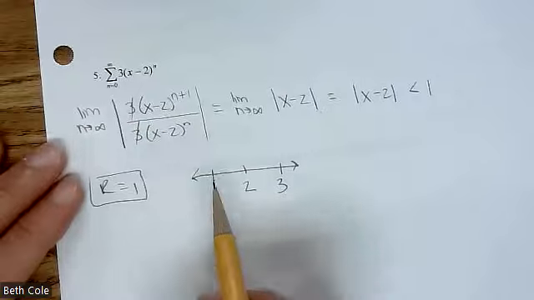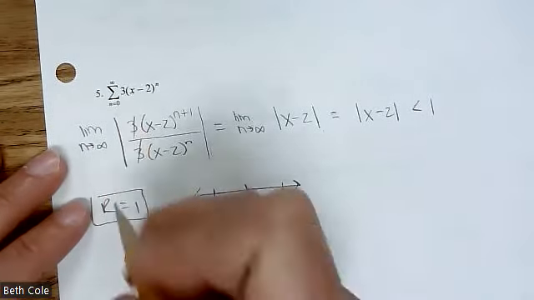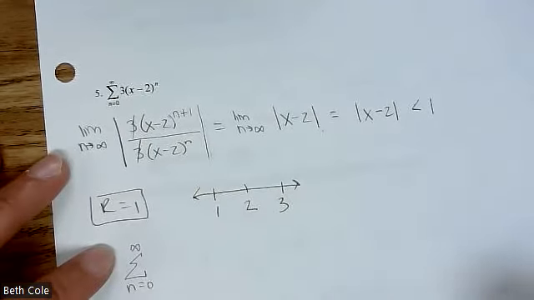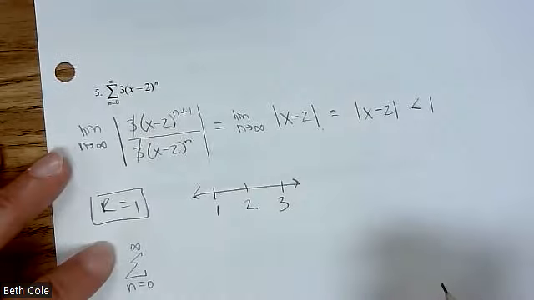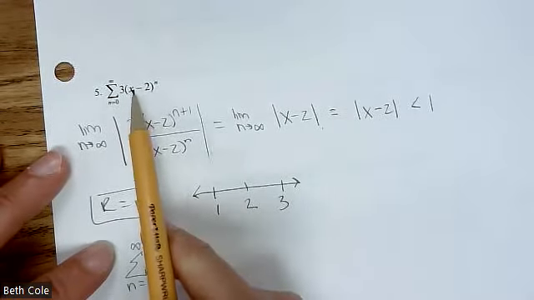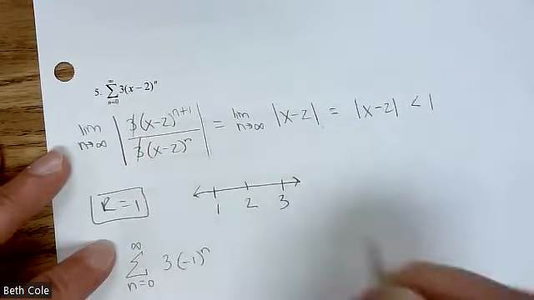All right, so let's test 1. You're going to go back to the original series, plug in 1 for x. So that is going to give us sigma n is 0 to infinity. If I plug in 1, that would be 3. And then what would you get here? Yeah, -1 to the n.